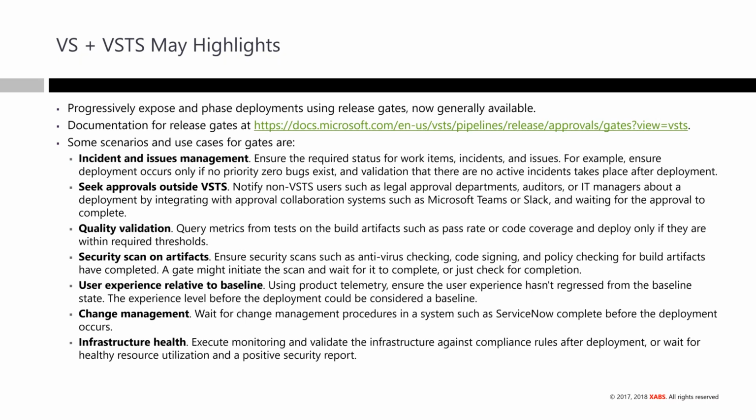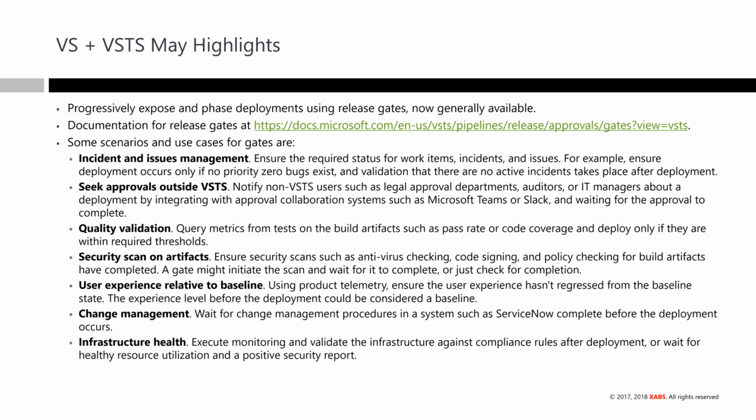For example, when you do a release and before you deploy it, you can have different types of gates, and we can check, for example, if some system is up or down, or different criteria that can be met from the outside.